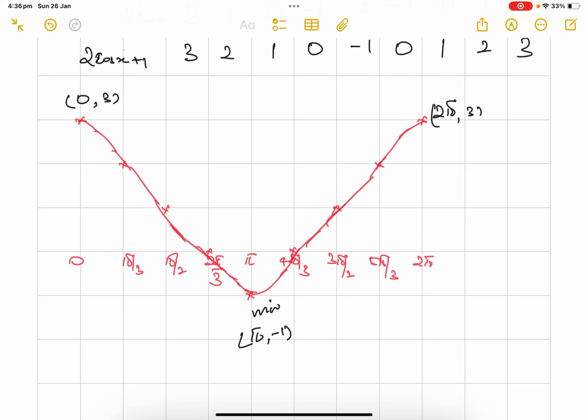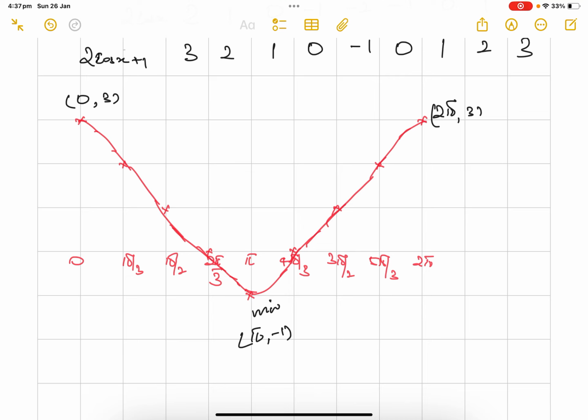So the curve goes this way. It's a very rough sketch, so it's not perfect. This is how the curve would look. And we've been asked to find the coordinates of the endpoints. The endpoint at the front is (0, 3). The endpoint at the other end is (2 pi, 3): the x coordinate is 2 pi, the y coordinate is 3.